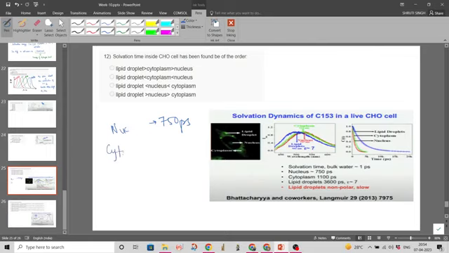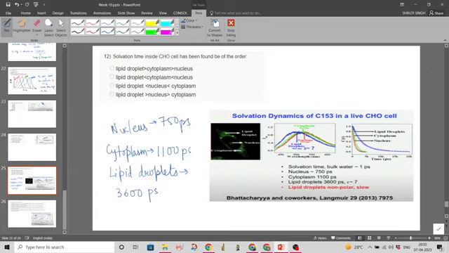For the cytoplasm it was 1100 picosecond, and for the lipid droplets it is 3600 picoseconds.